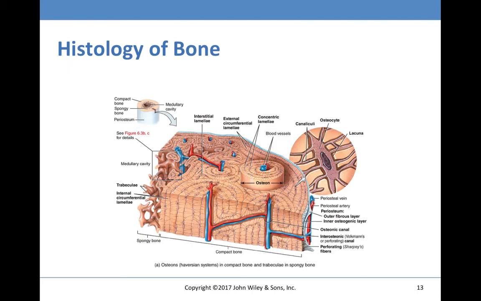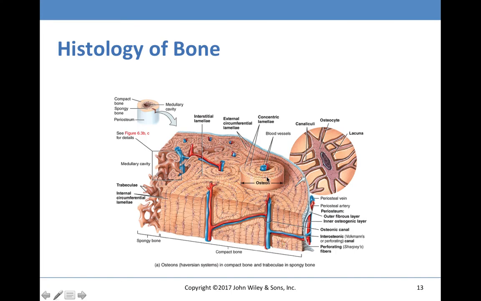Each osteon will contain a set of blood vessels, lymphatic vessels, nerves, and the osteocytes along with the calcified matrix. So it has its own little network of systems.